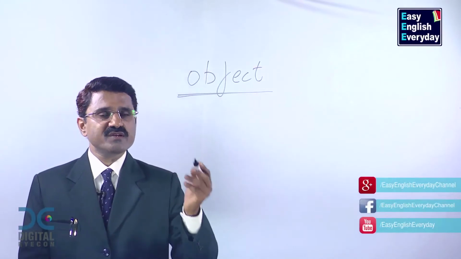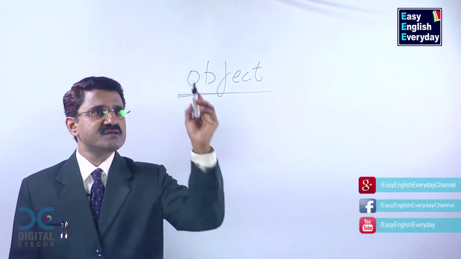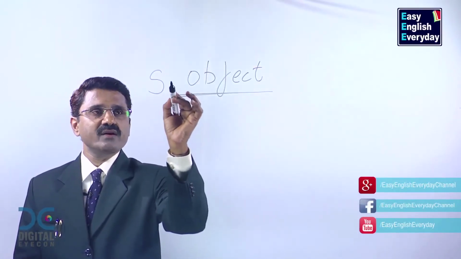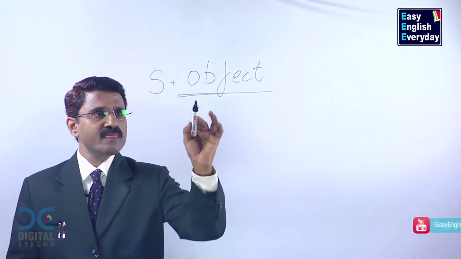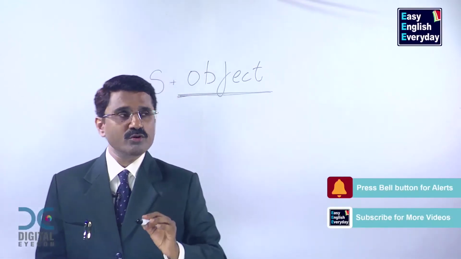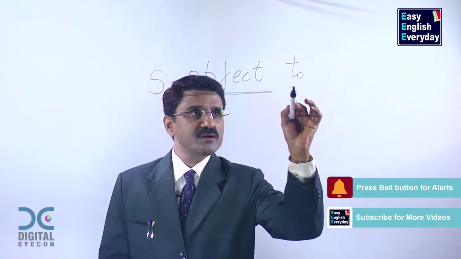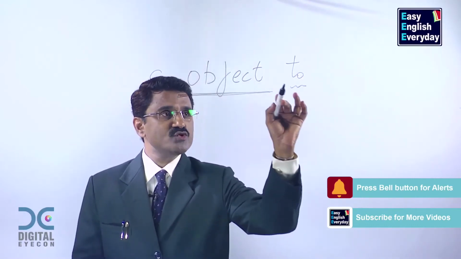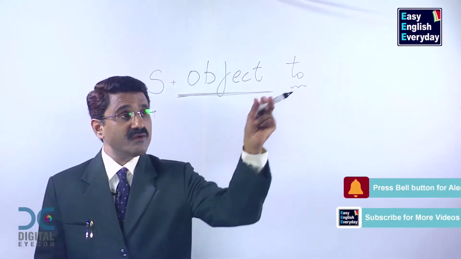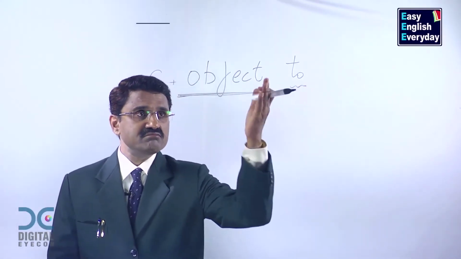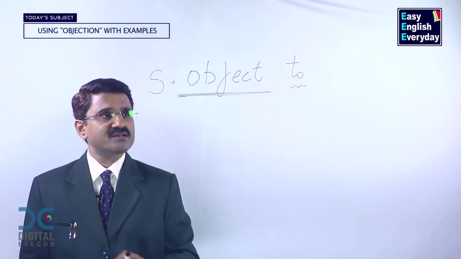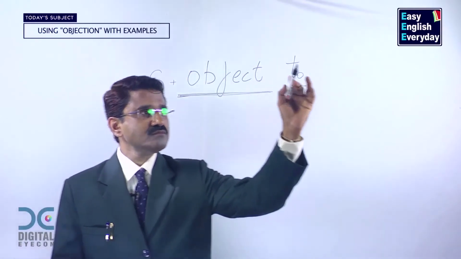You are expressing some objections. This is where you keep the subject. This is where you keep the word object. Now the word to is mandatory. This is a preposition. He has to be here at any cost. If you don't use him, then the sentence is not going to be correct. I object to.